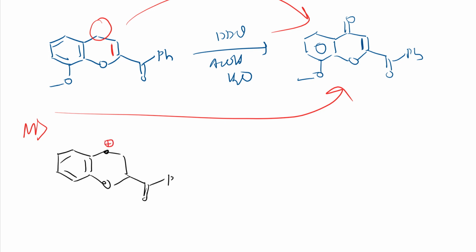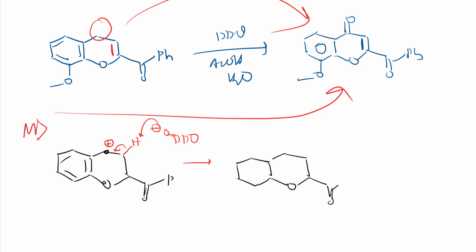Further, this DDQ oxygen has a negative charge, and here I have a proton. So it will take it, this bond will shift here, and I'll get this product. Right, I got a pi bond here like this.